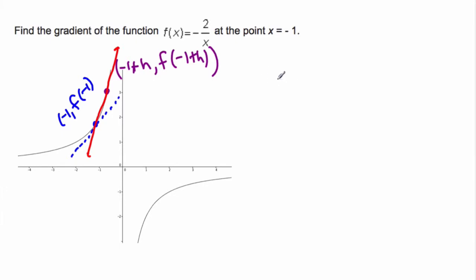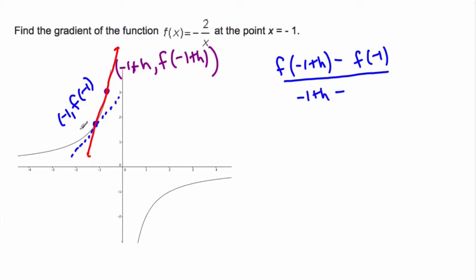Well, we use the slope formula. So we say, just like before, back in 7th and 8th grade, you said y2, which in this case is the purple point, y2, which is f of -1 plus h, minus y1, which is just f of -1, divided by x2 minus x1. That's the slope formula. And now what we need to do is make sure that that h is really, really small.